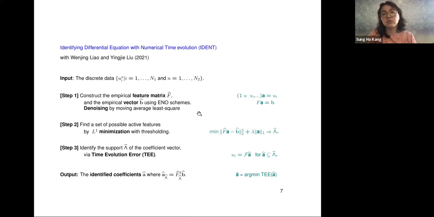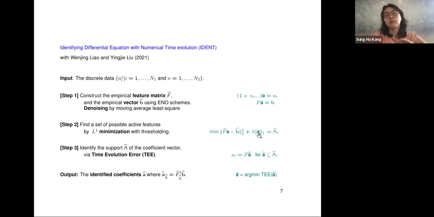Now, after you set it up, we're looking for the coefficient A. One part of it is to find the support, as I said, and another part is finding the coefficient. So how do you find the support? One of the most simple, fundamental things you can think of is sparsity. So for the first work, we did the same thing.